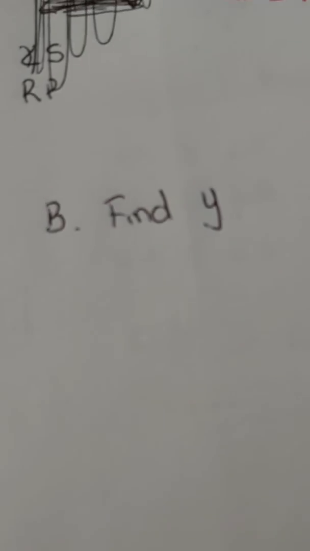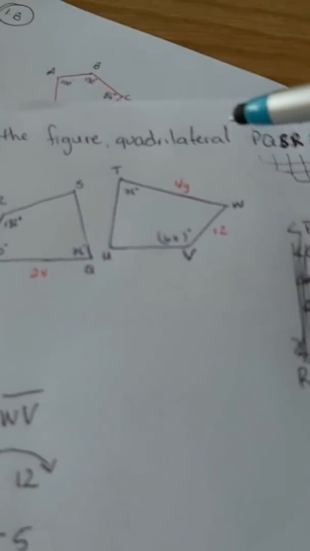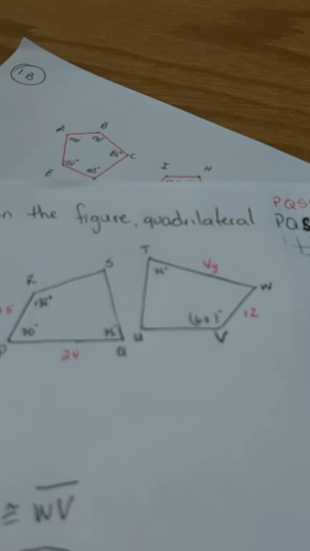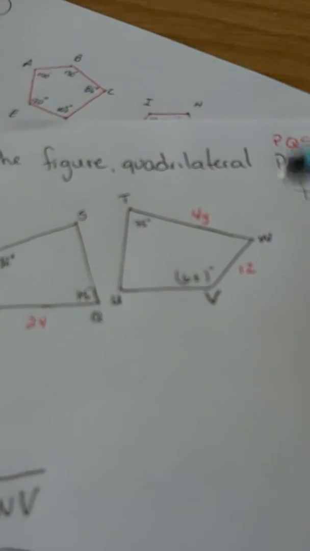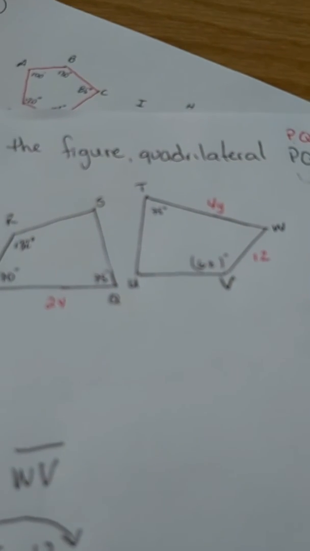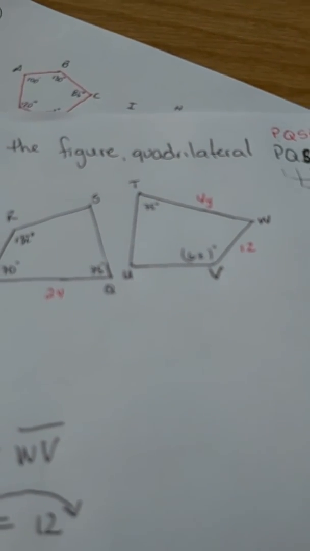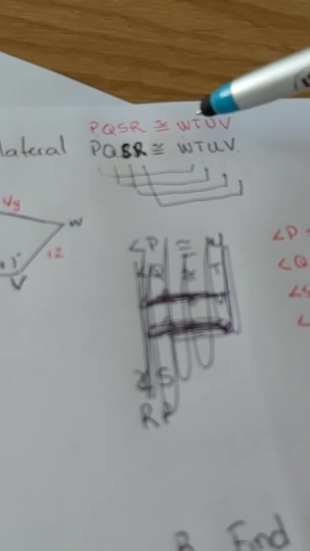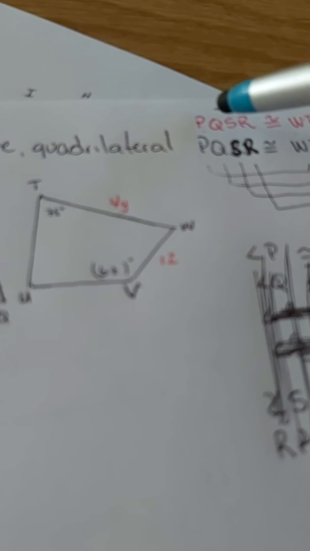Part B says find Y. Where do we have Y? Y is located at this side. Notice Y is at TW. TW is congruent with what? TW, or WT, is congruent with PQ, or QP.